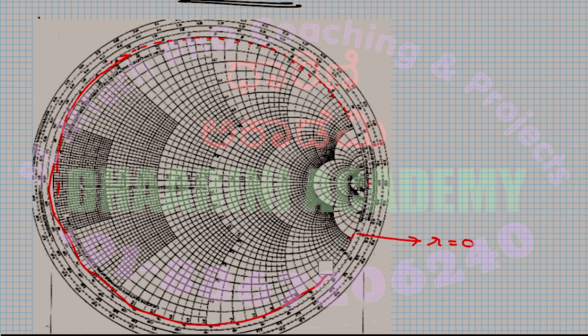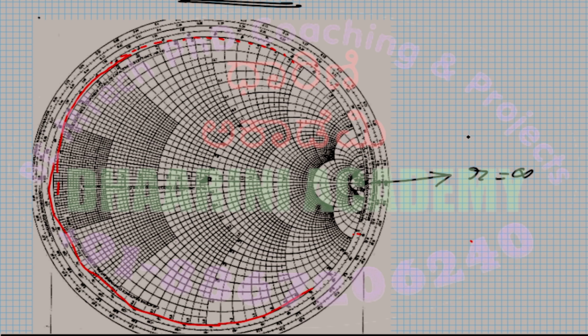Now, if I want to find out where is R equal to infinity, that should be at a distance of 1 from the center. So if this is 0, and the point is here, this is a point where resistance is equal to infinity.